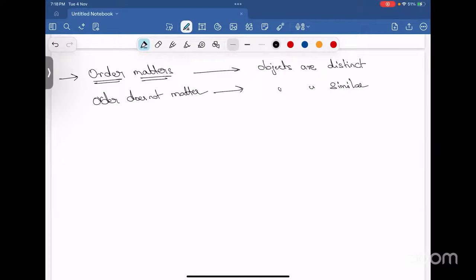And next comes events occurring simultaneously and events not occurring simultaneously. Simultaneously occurring events will not have ranking.